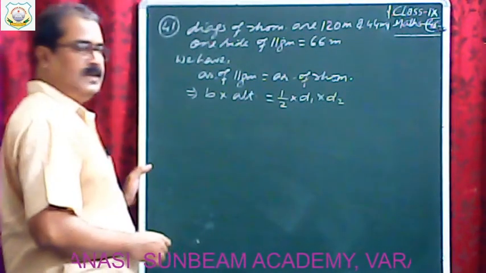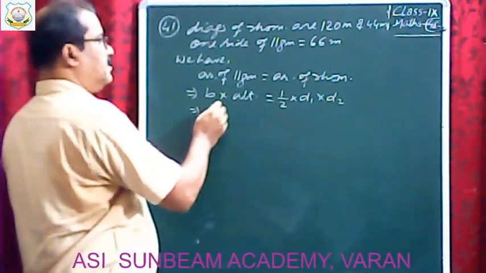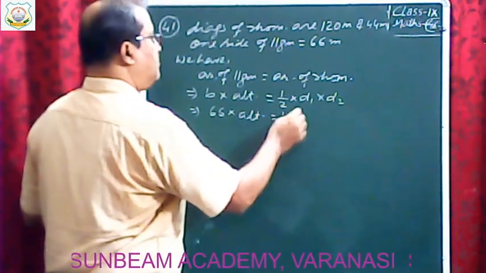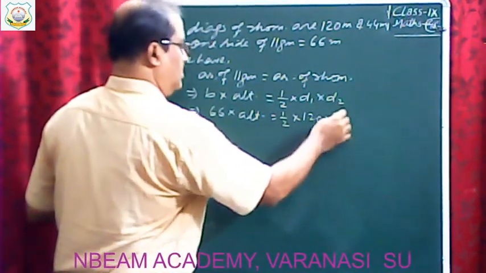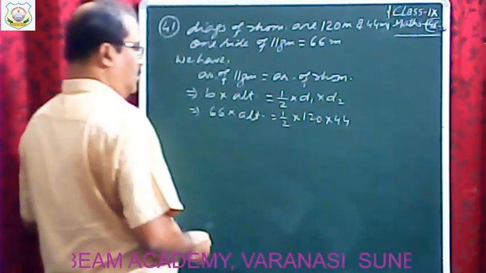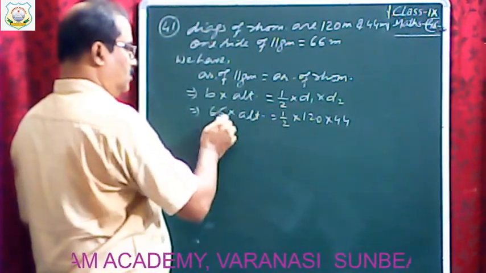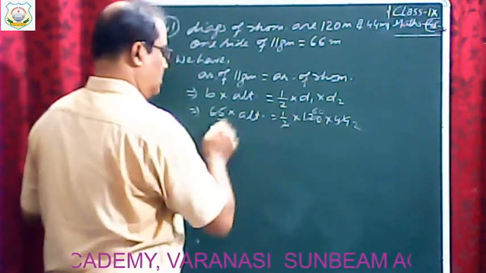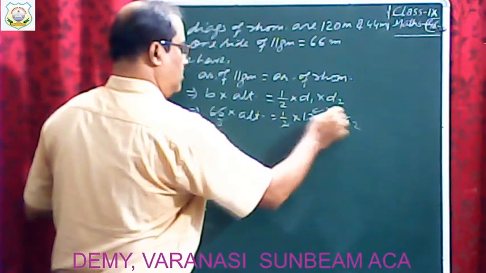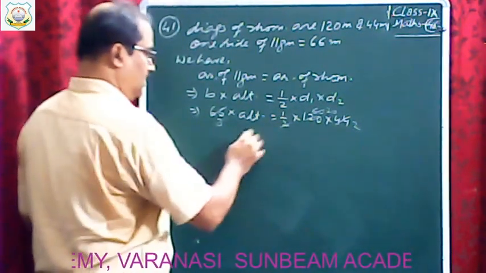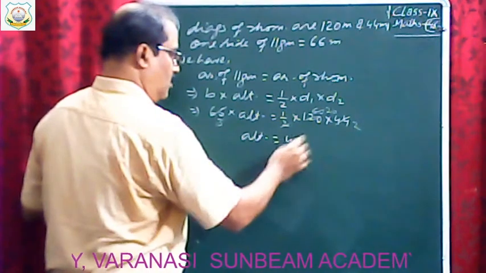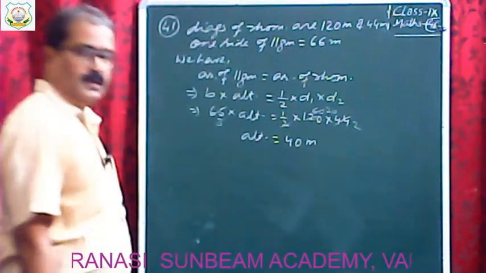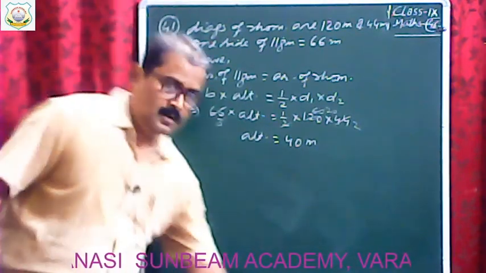Now base 66, altitude, half into 120 into 44. Okay, 22 3s are 66, 22 2s are 60, 20. So finally we get altitude equal to 40 meters. Okay, that's all. So this much only.